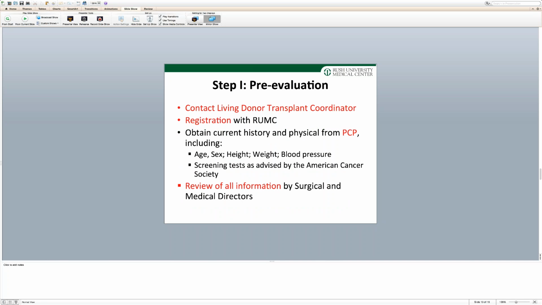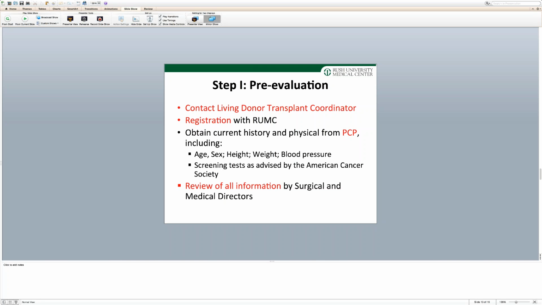So first step, or the pre-evaluation. The initial step that a potential donor has to do is to contact a living donor transplant coordinator. After this, the patient has to register with the hospital, and we need to obtain the current history and physical exam from the primary care physician, which includes blood type, age, sex, height, weight, blood pressure, and any necessary screening tests as advised by the American Cancer Society.